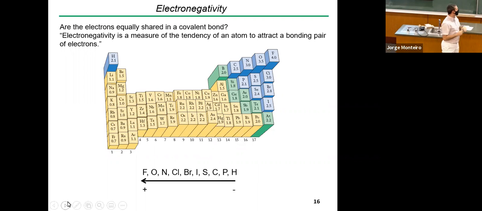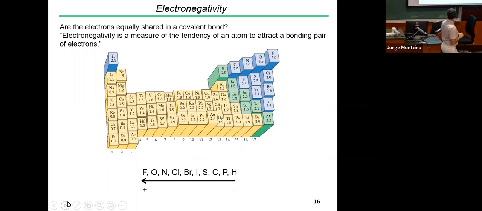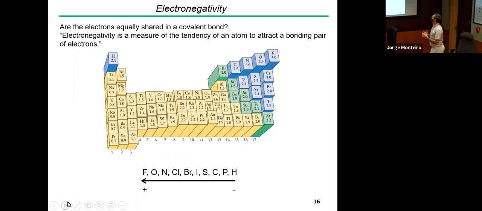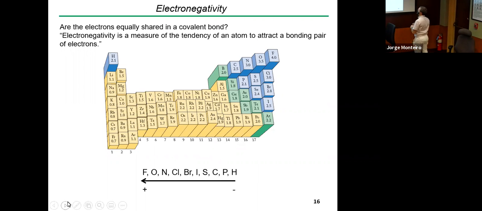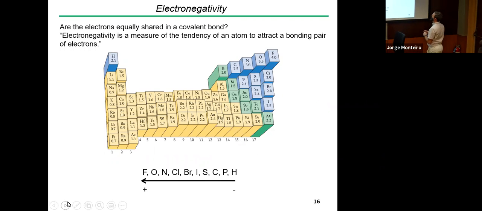So the first concept that we need to introduce here is electronegativity. The electrons are usually not equally shared in a covalent bond, and electronegativity is a measure of the tendency of an atom to attract a bonding pair of electrons.